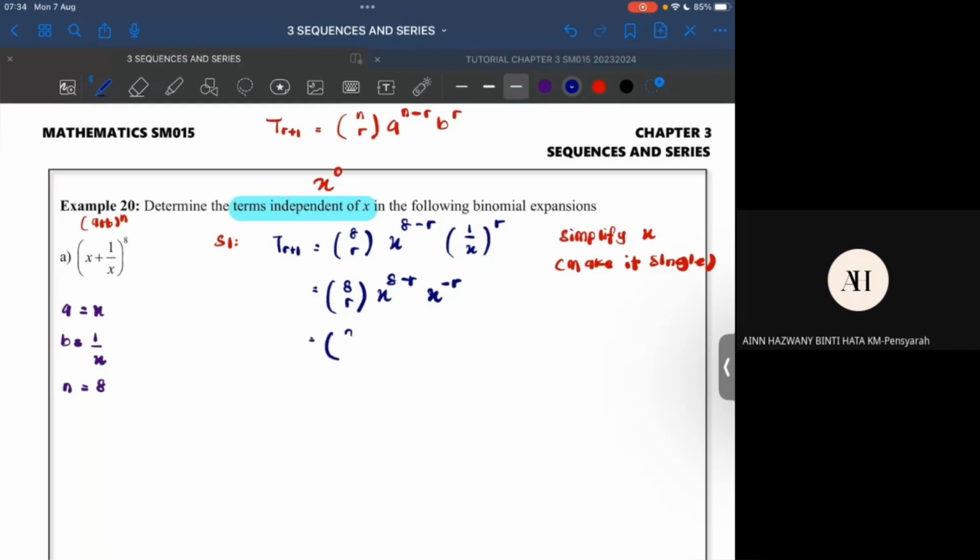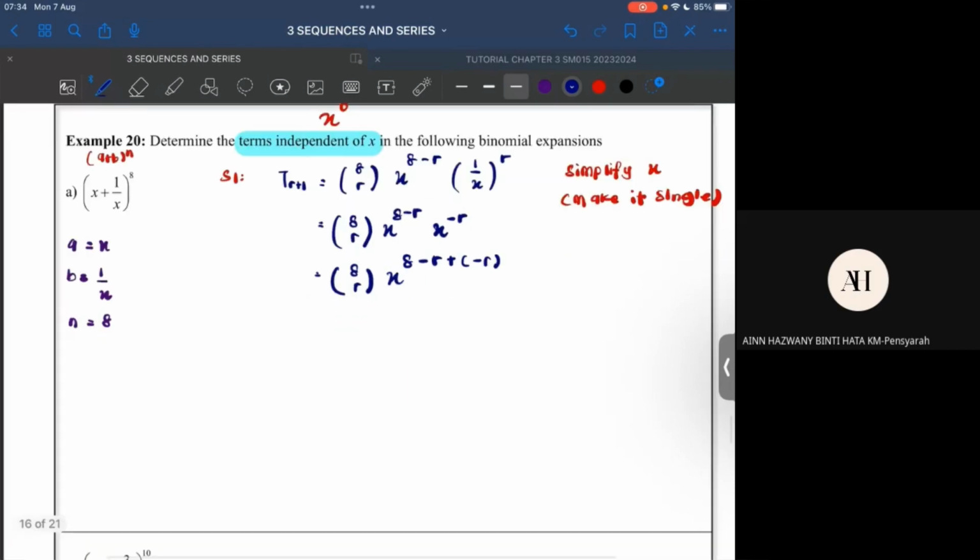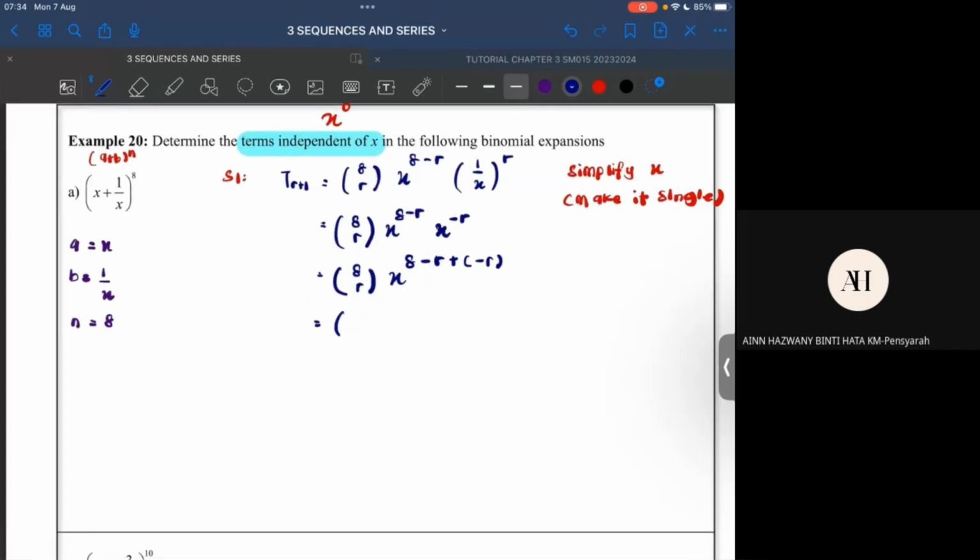So kita ada 8R, X 8 minus R plus minus R. Okay, take note kat sini. Minus R. Plus negative R dekat situ. So negative R plus negative R. So 8 minus R lah. Which is we end up with 8R X 8 minus 2R.